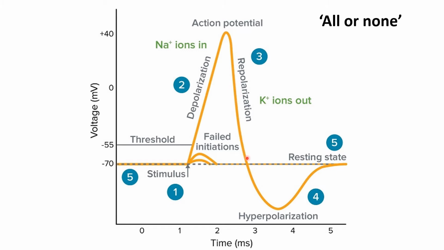We go right down into hyperpolarization. At that point, all voltage-gated channels are closed, and remember we need the sodium potassium pumps and lots of ATP to run those pumps to pump the sodium back out and the potassium back into the cell so we can get the proper ion concentrations to establish resting membrane potential so that the neuron can be excited again at that point.